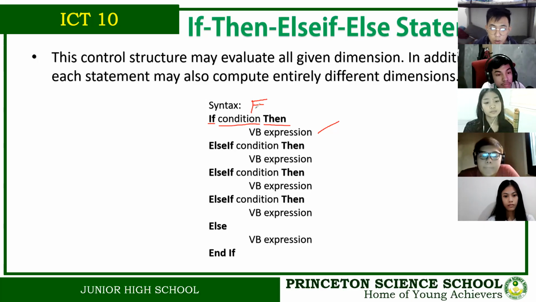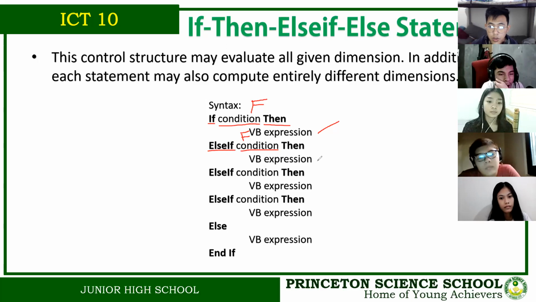But with this one, we are still going to have another condition. So else if another condition. If that condition is still not met, it will just go on and on. If another condition is also false, it will skip this VB expression and go to the else if another condition.